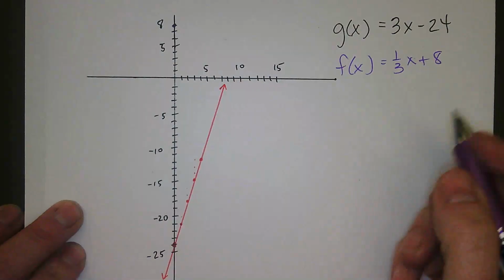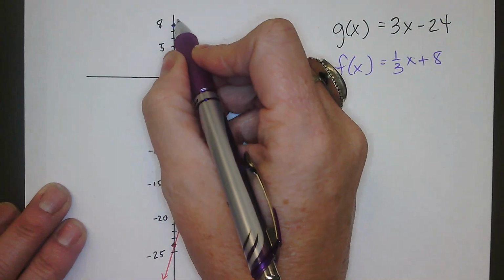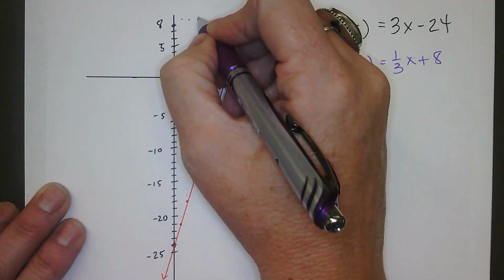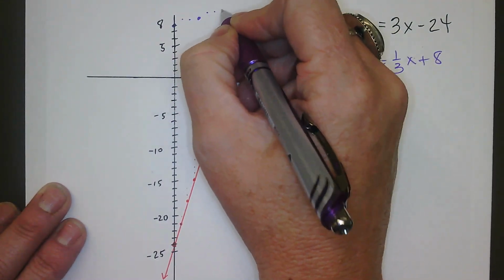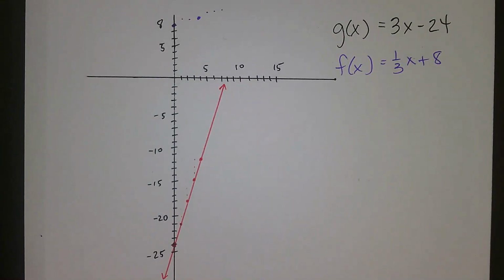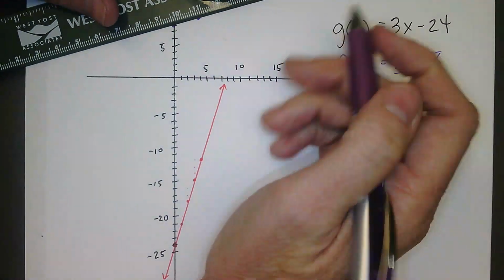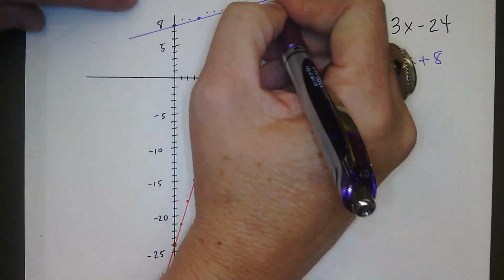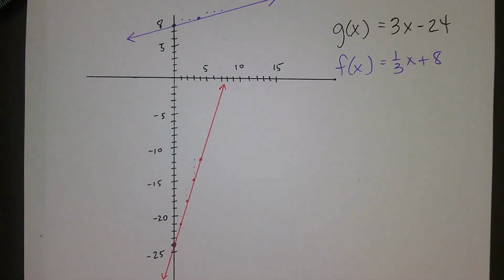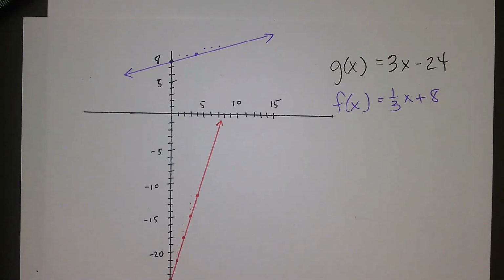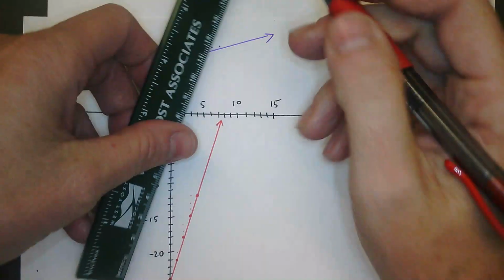That would be my y-intercept, and then I'd have up 1 and then right 3. Up 1 and right 3. Ends up looking like that. It's kind of hard to tell, but I think if I extended this, you'd be able to see the reflection.